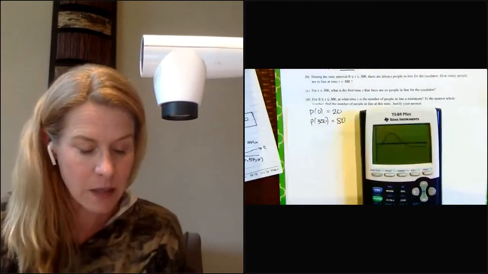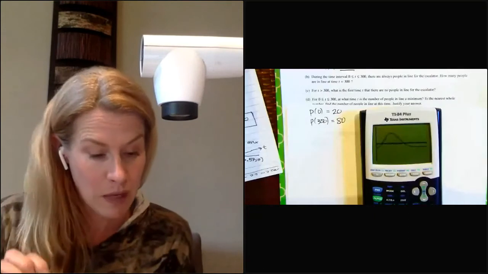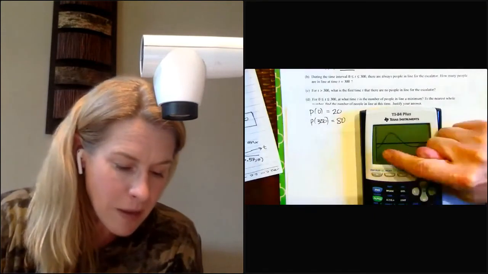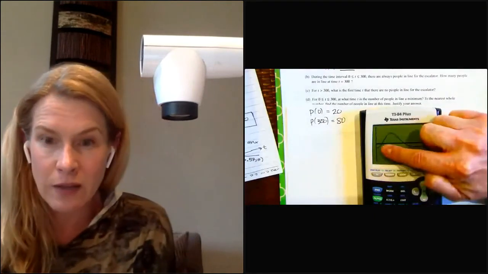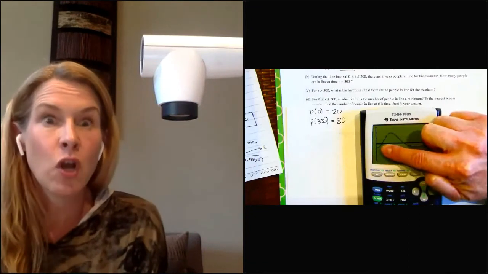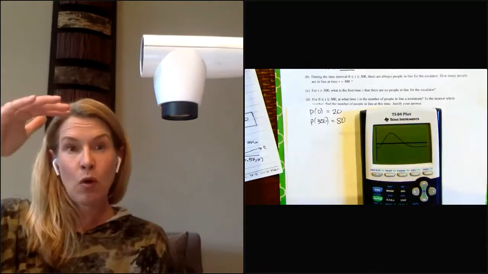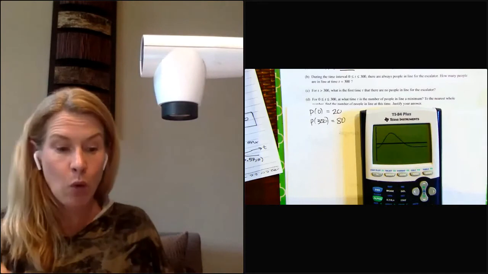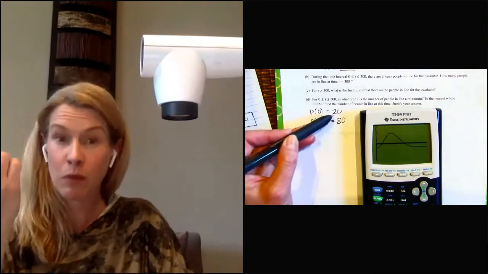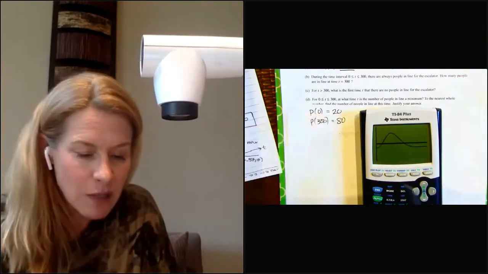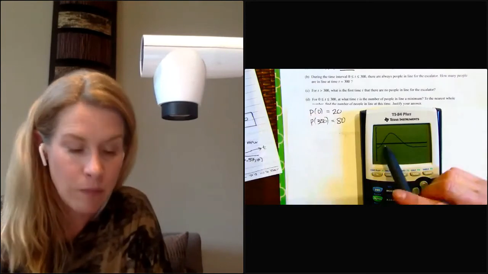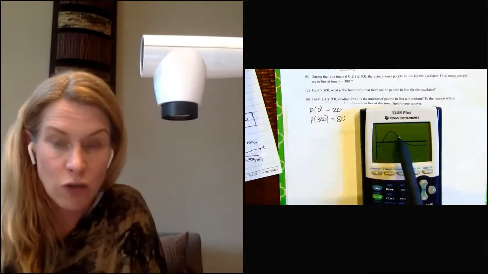What I see is, okay, again, at time 0, I had 20 people in line. Because my rate graph is below the x-axis, that means I have a negative rate of change, which means that the number of people overall are decreasing. So I'm going from 20 people and I'm losing people from the line until we get to this point here on the graph, where now my rate of change goes positive.